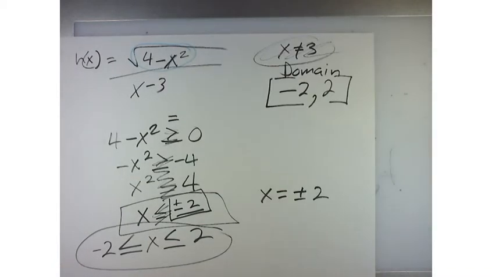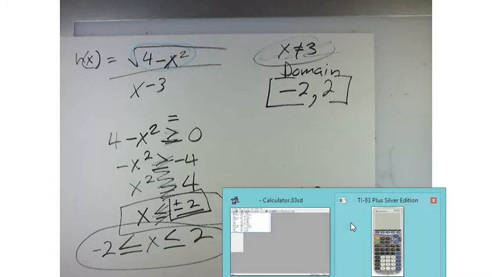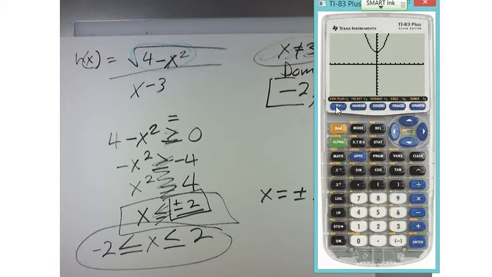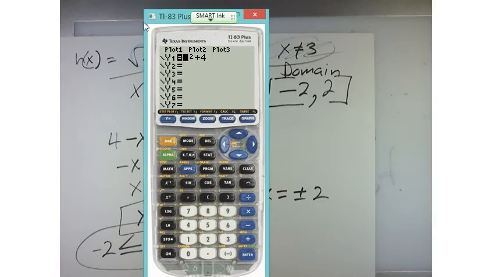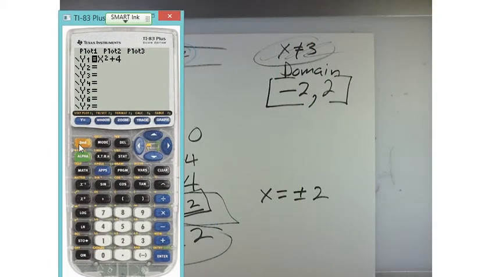Does that make sense? Now, what we could do to verify this is just graph it. Let's say you go through and do your homework and you're not a wizard like Mr. Adams, that's okay. You could just graph the function, which is going to be the square root of 4 minus x squared, close the parentheses, divide by the quantity x minus 3, and then hit enter, hit the graph, boom.